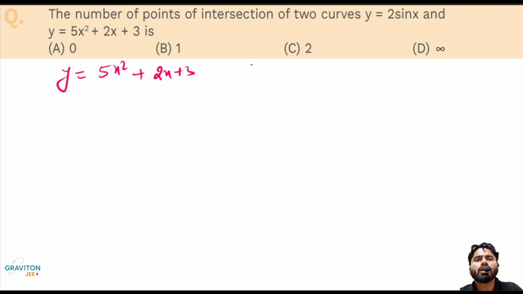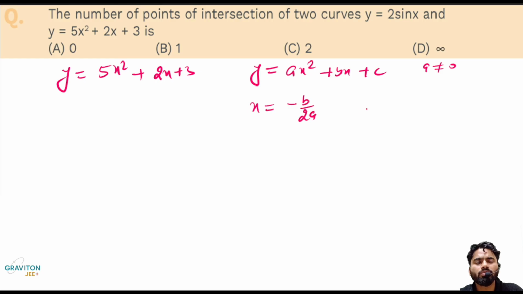I already told you in the last lecture that if you have ax square plus bx plus c where a is not equal to 0, then the vertex of this type of equation is x equal to minus b upon 2a and y equal to minus (b square minus 4ac) upon 4a.